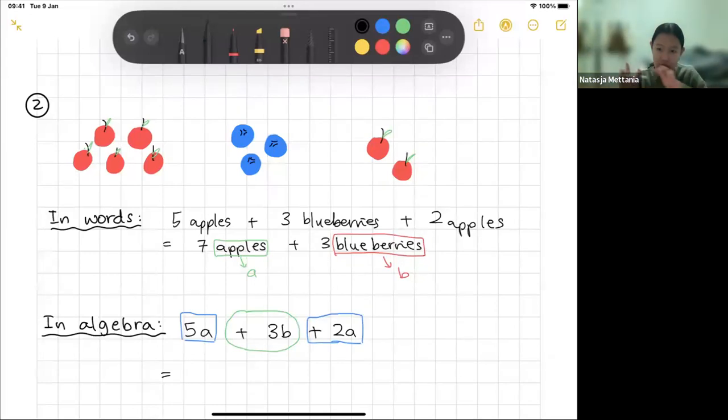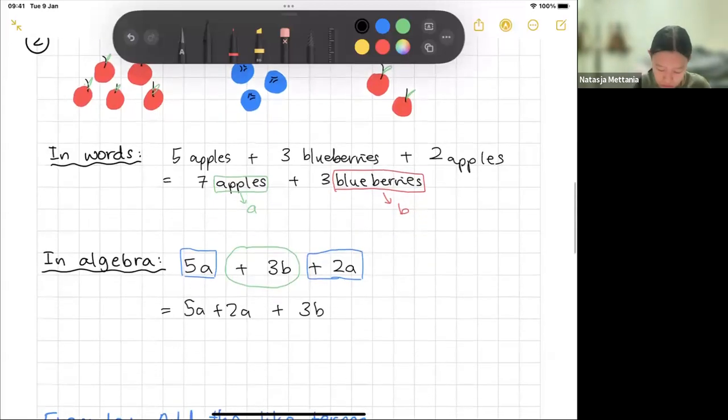Let's rewrite it. Let's collect all the A's together. So I've got 5A plus 2A, and then leave the plus 3B at the end. Now, let's add the like terms that I can. The only like terms I have are 5A plus 2A, which gets me to 7A, plus 3B. 3B needs to be left alone.